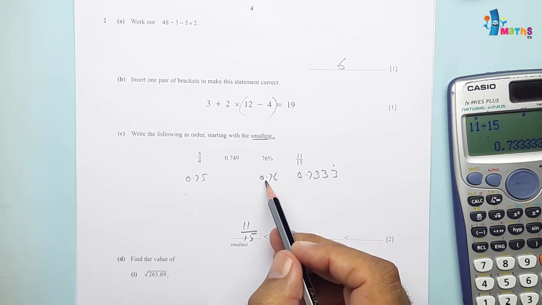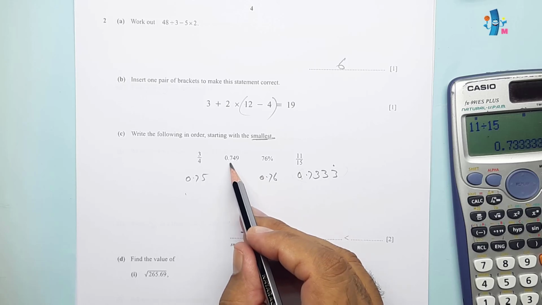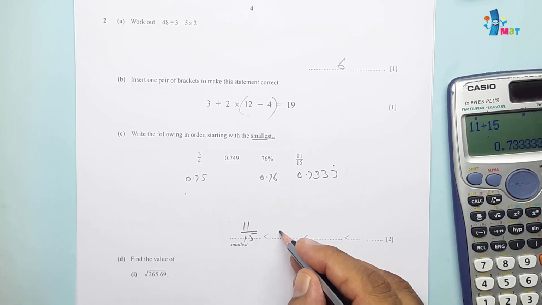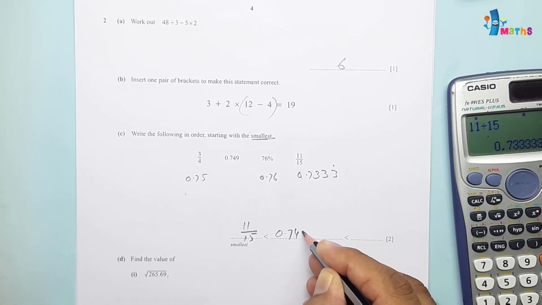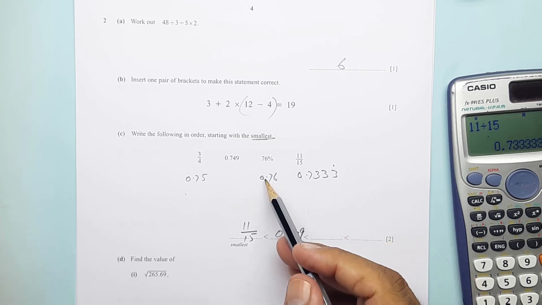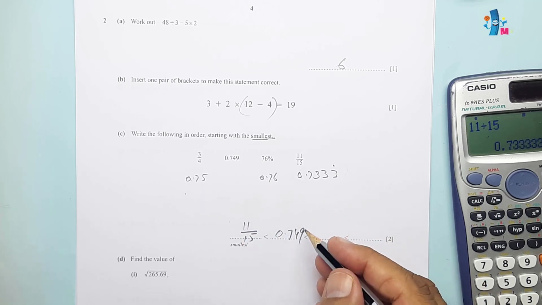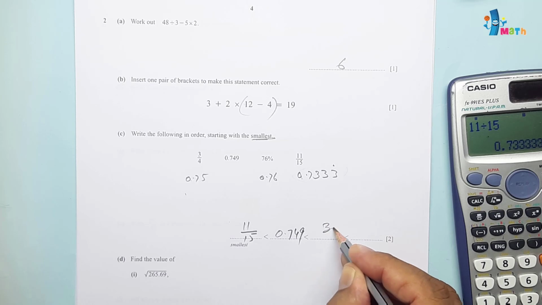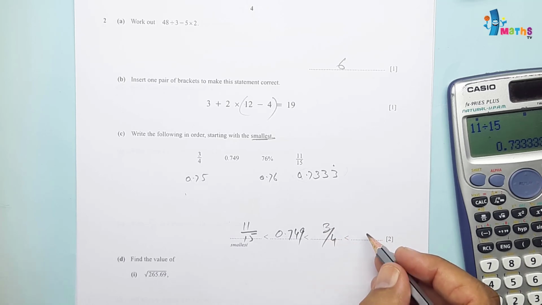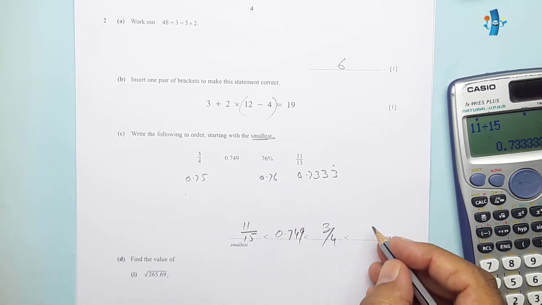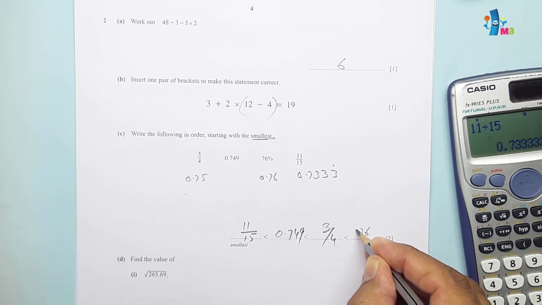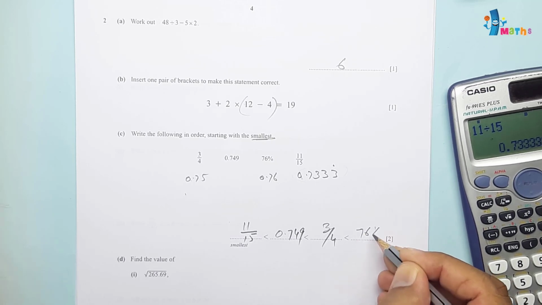Then next is 0.749, and next one will be this one, which is 3 by 4, so we can write here 3 by 4. And the last one, the biggest one, is 76%.